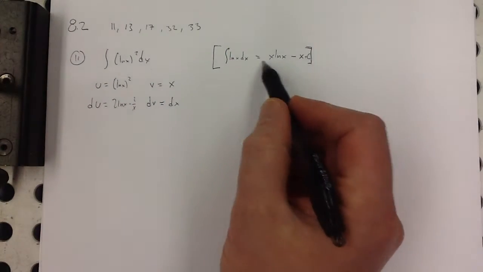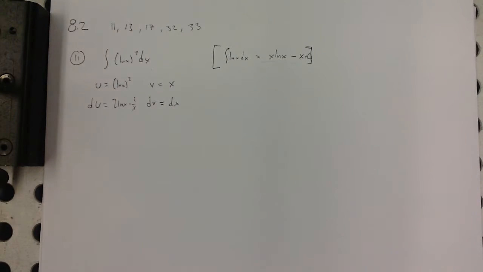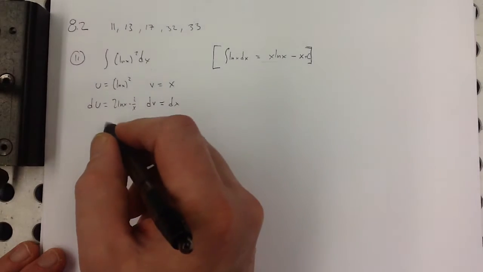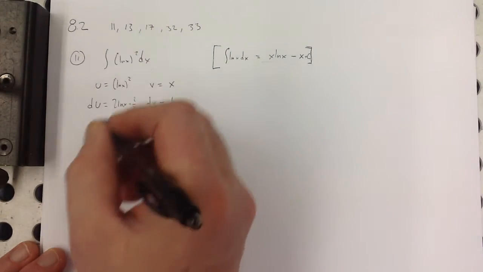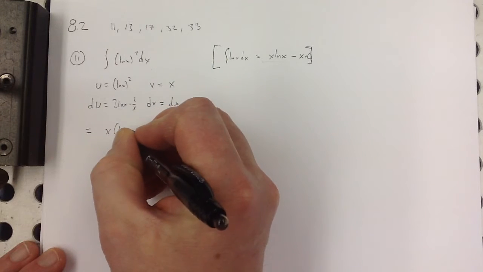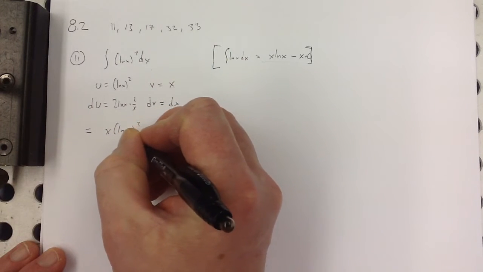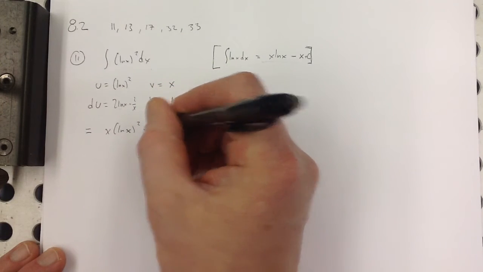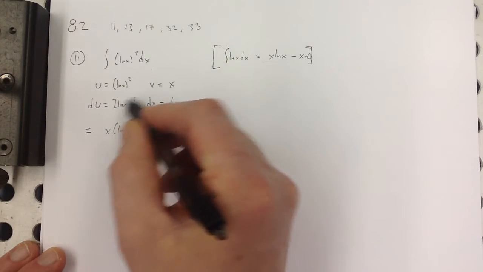That comes up enough that you might want to try to remember it. You can always just do integration by parts on that to get that result. So we can use that result here. My original integral is now equal to uv minus the integral of v du.